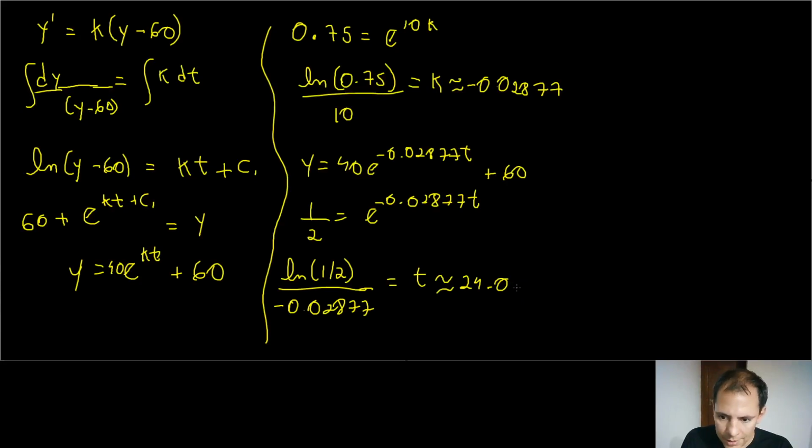Okay, so it's asking how much longer. Well, it's going to be 14.09 minutes, because 10 minutes had already elapsed. Another 14.09 minutes, and you're going to have the object at 80 degrees. I think that'll be it, guys, because we're going to go to separation of variables in the next video.